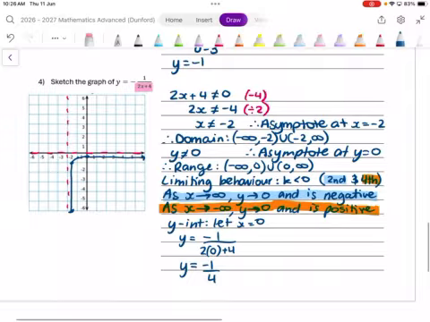I need to label my y-intercept, and I need to label a key point. So it was negative 1.5, gives me negative 1. Okay, then in our negative x values, we have at negative 3, it's a half.